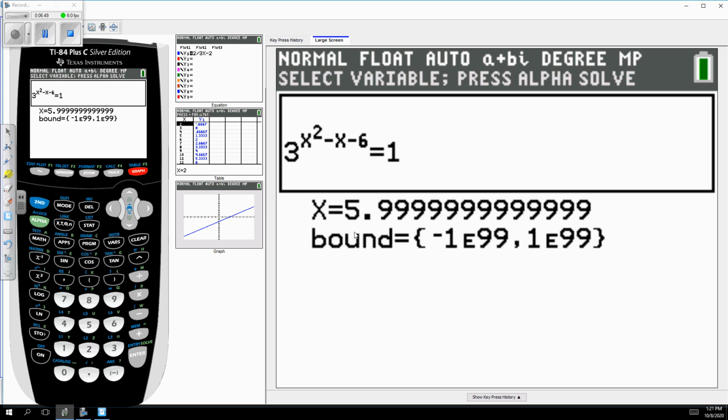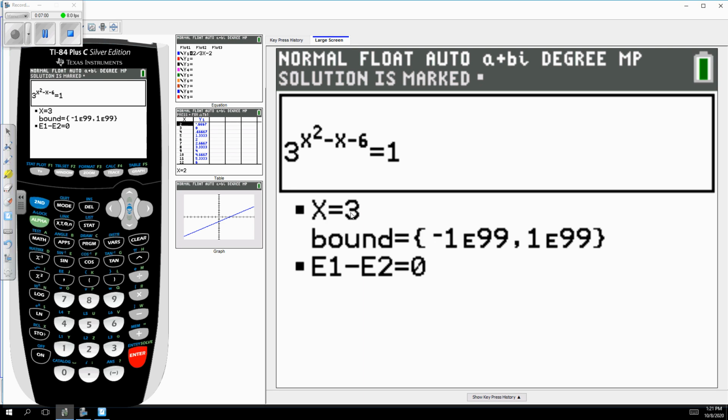So what I encourage on the ACT is if you think the answer's 5, put 5 in that blank and then solve. If it is 5, it'll stay there. If it's not 5, it'll run. So, I think the answer's -5. So I put in -5 and then hit alpha solve. If it stays there, so you see the answer move to -2, which is the other answer. Okay?